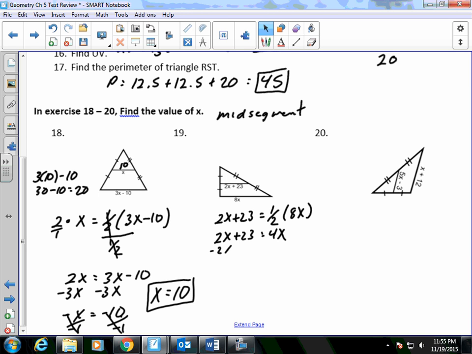Move the 2x over. So now we got 23 is equal to 2x. Divide by the 2. And 11.5 is equal to x.